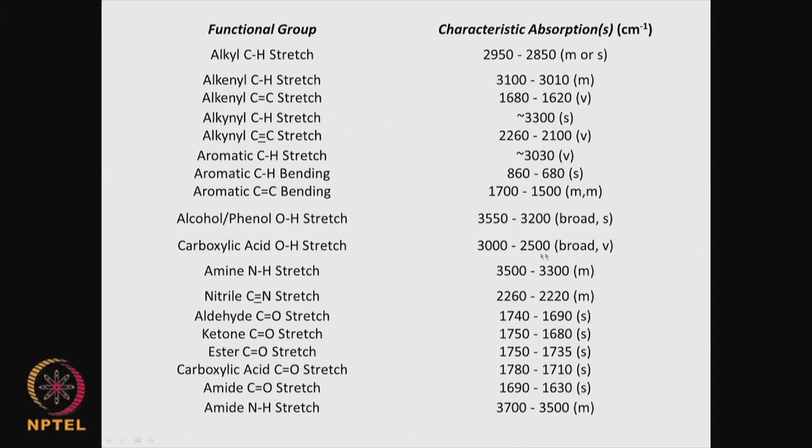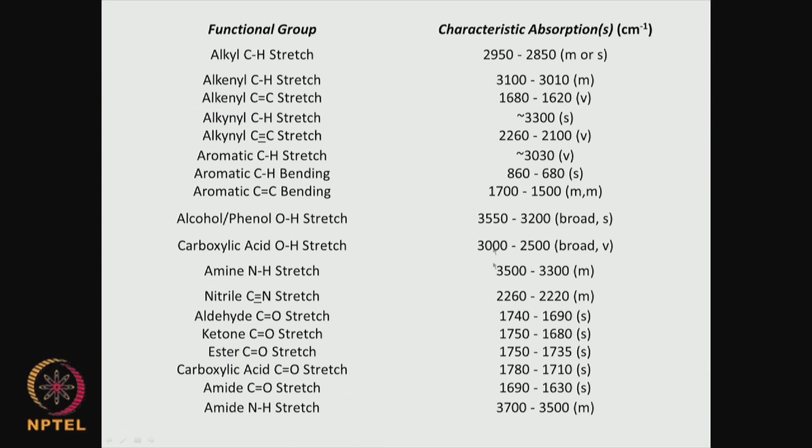Around 2500 to 3000, there is an OH from a carboxylic acid. If you have 3700 to 3500, we can be sure there is an NH. If you have 1690 to 1630, there could be an amide. For amine, you can have 3500 to 3300. For nitrile, 2260 to 2220.